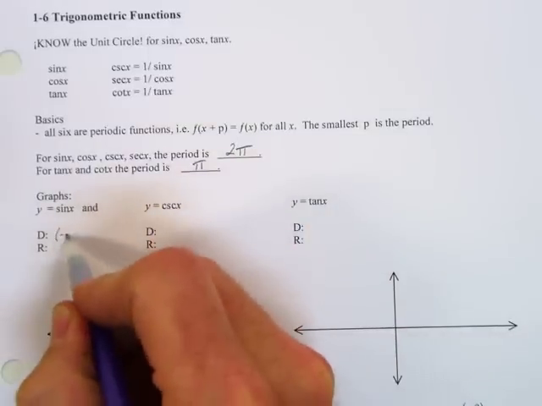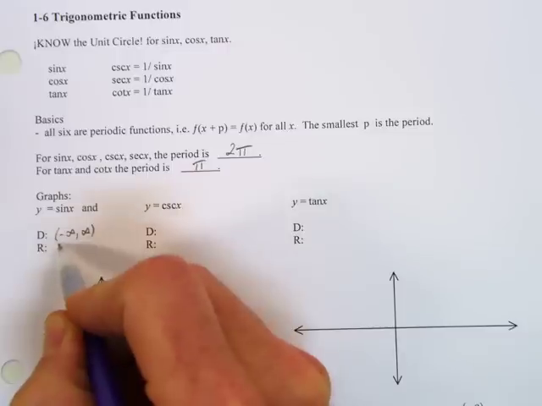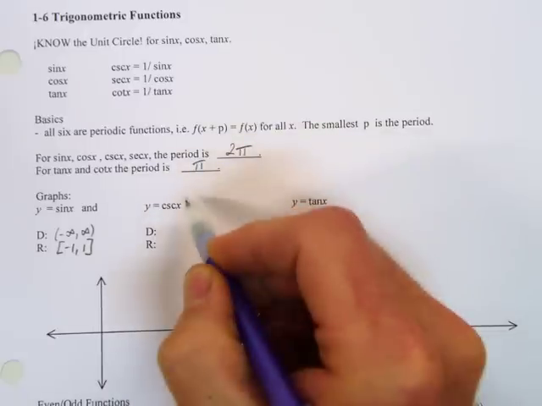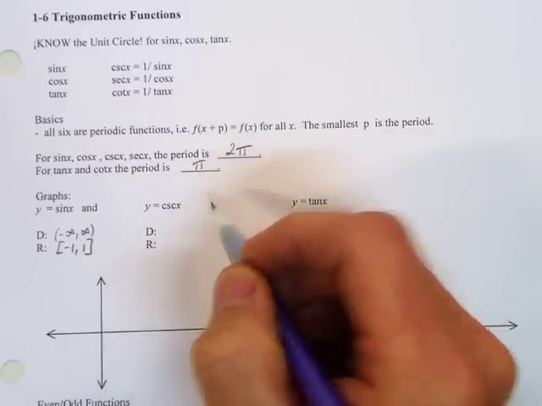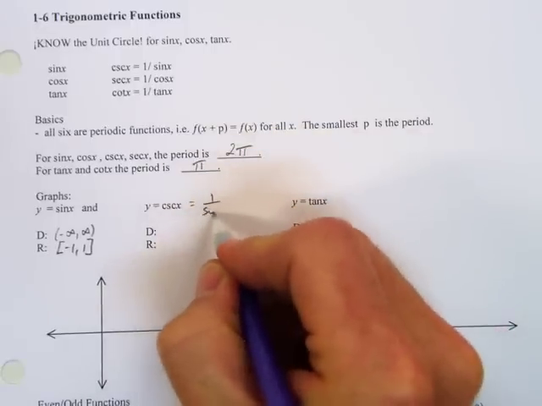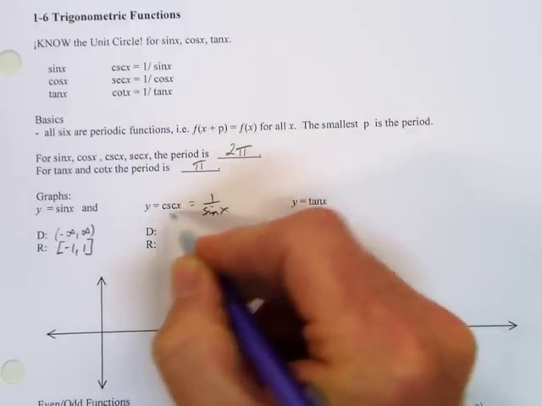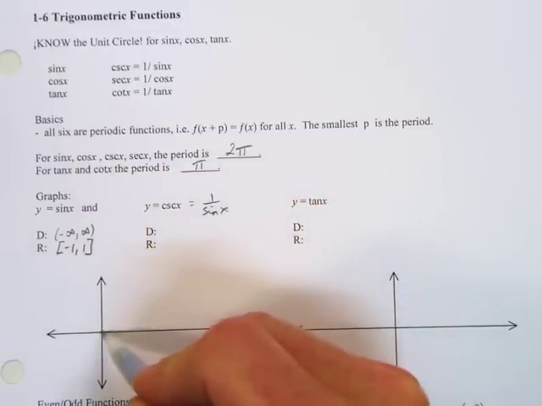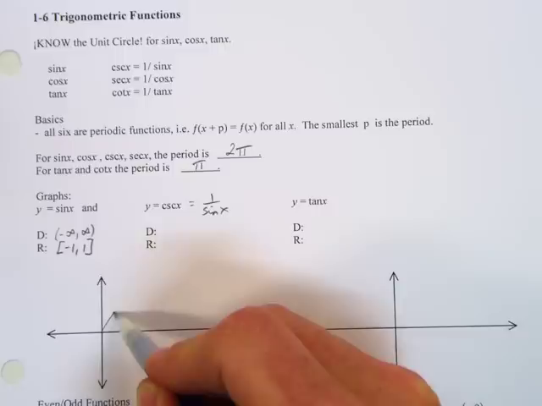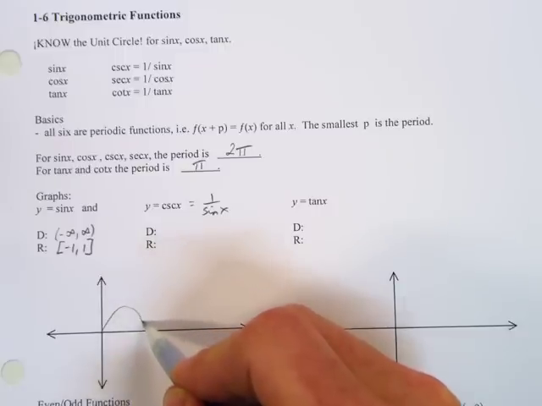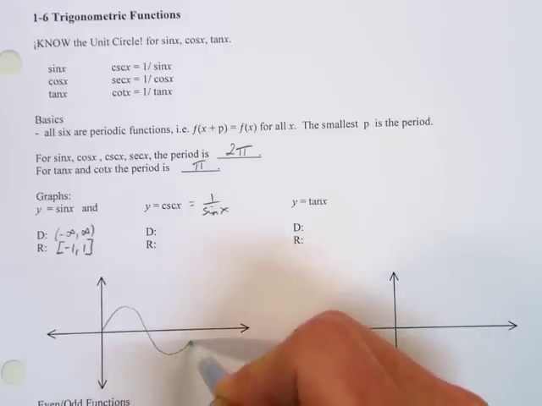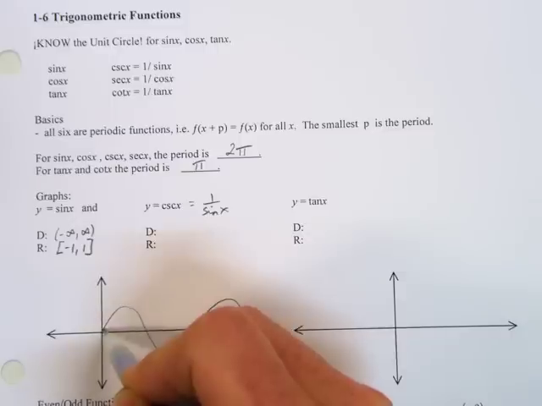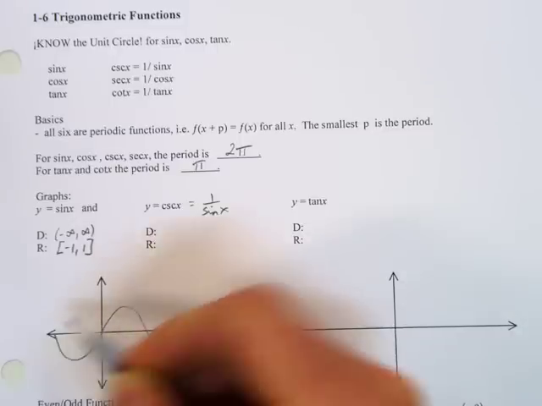Sine graph, we have a domain from negative infinity to infinity, and we have a range from -1 to 1 inclusive. And we'll look at cosecant in just a second, cosecant being our 1 over sine. Whenever I graph cosecant, I'm always graphing sine first. Sine of 0 is 0, and so it's going like this. And then we can go on the other side as well.